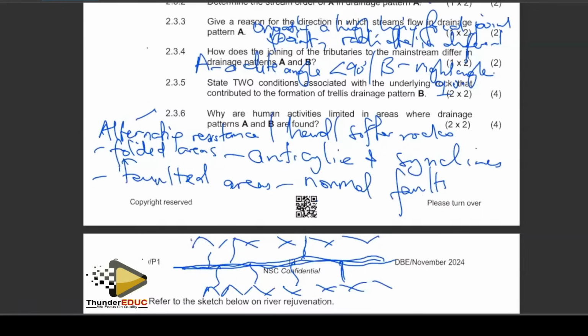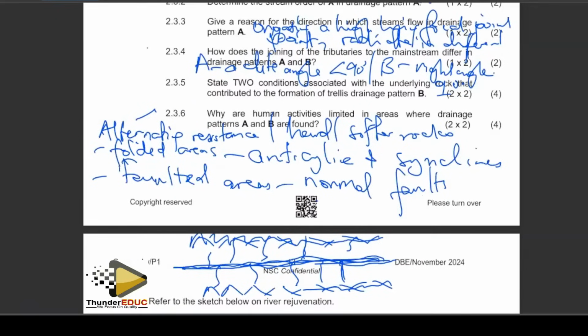And also, if it's a fold, it means there's a fold mountain and there's another fold mountain and there's a graben in between. It means the main river is going to flow in the valley and the tributaries will just start from the folded ends and will end in the main river in the valley. Or if it's faulting, it means there is a horst on either side, then the valley is in the middle there.